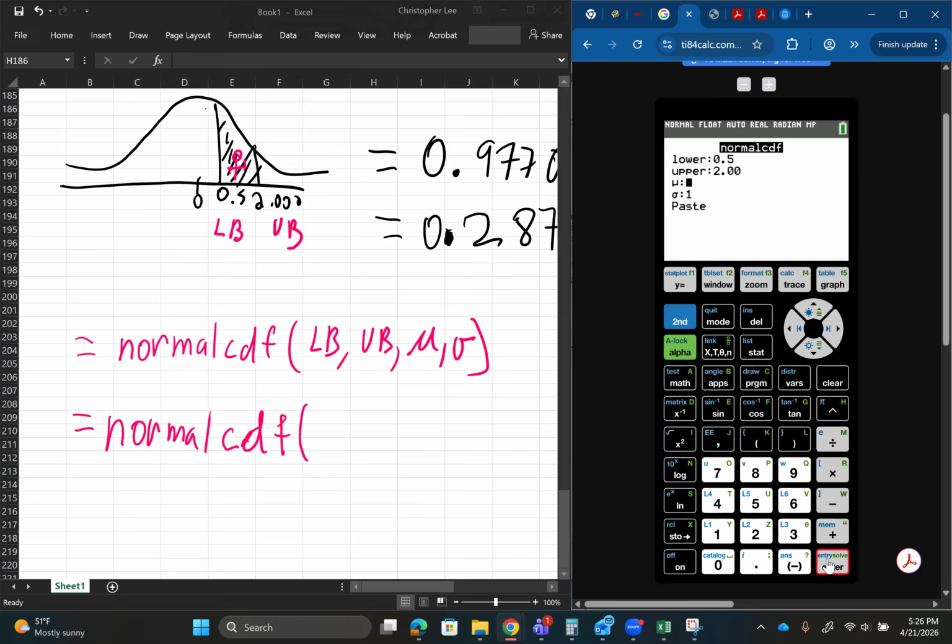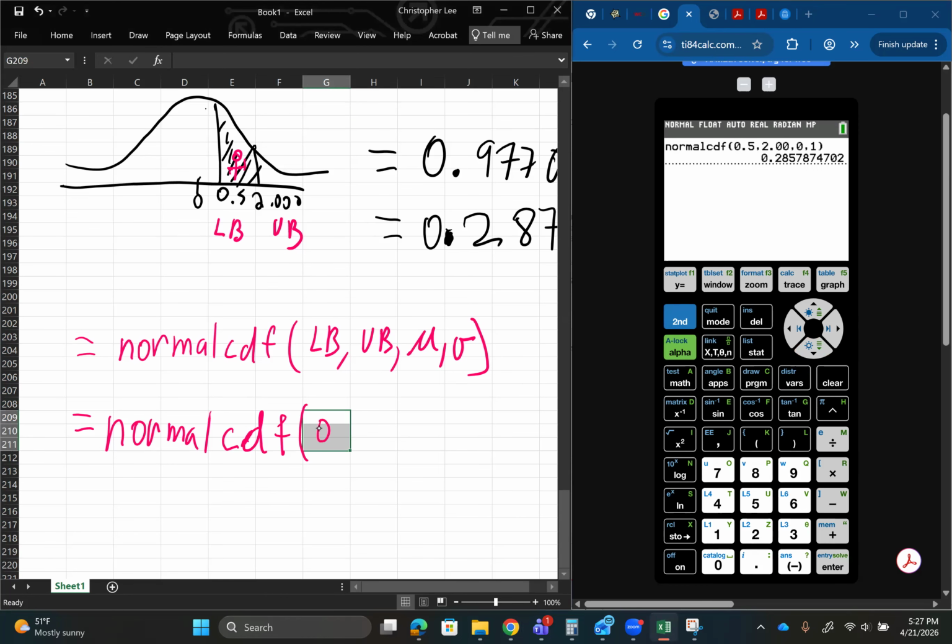Your mean is always 0. Your standard deviation is always 1. Paste, and then you get the answer, right? Depends on the question.